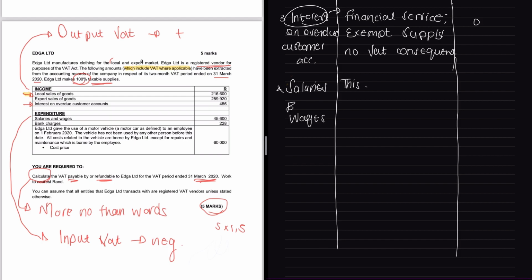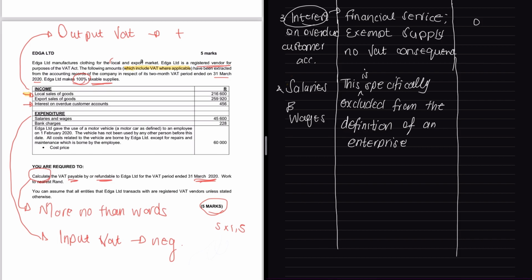But this is specifically excluded from the definition of an enterprise. So what does this mean? Because the definition of an enterprise is required to be met for VAT to be effective, this means that there are no VAT consequences. Therefore our VAT is equal to 0.